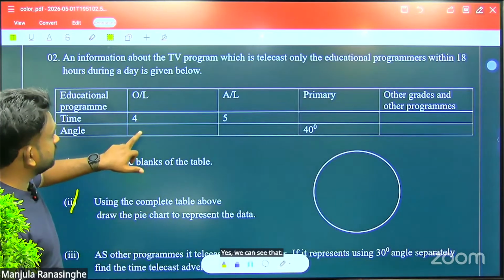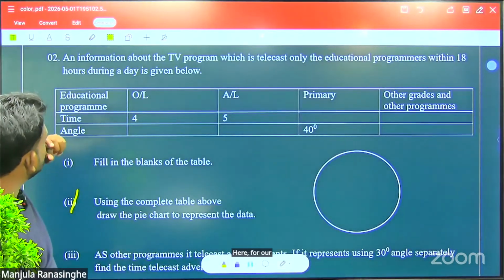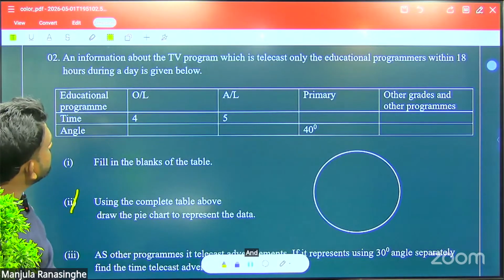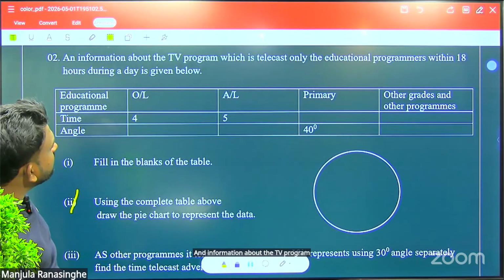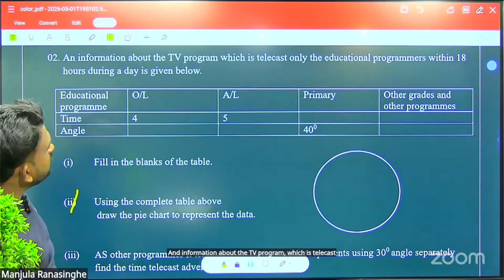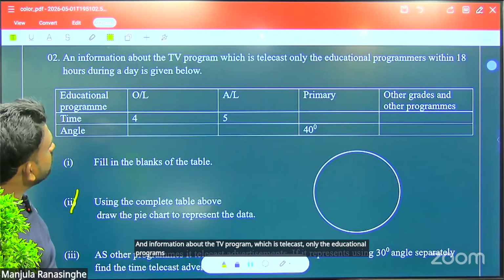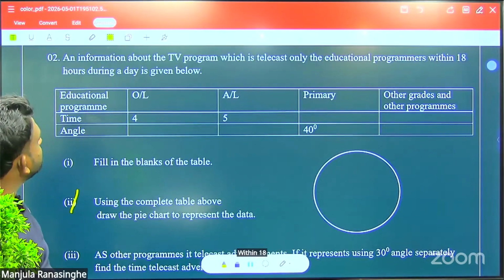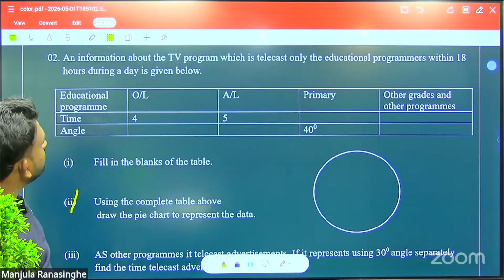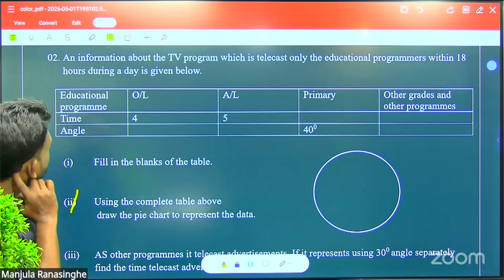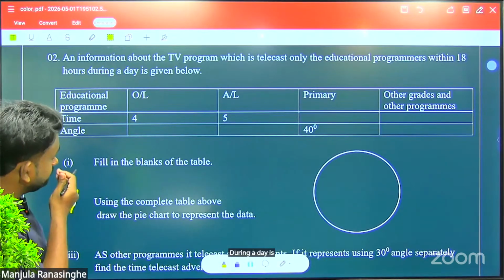Here, the information about the TV program which is telecast only the educational programs within 18 hours during a day is given below.